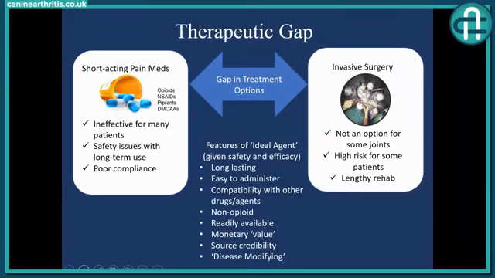You'd prefer it to be non-opioid for a variety of reasons. And now the move in medicine is to try to get away from opioids. You would like to have the product readily available and have monetary value. Now I use value, not price. There can be a very big difference. Again, the most expensive products are those that don't work. And then you'd like to have credibility from the source that's presenting the product.